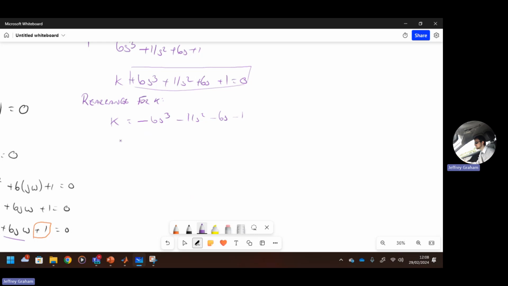Right, differentiating then. How it comes down, multiply, so we end up with minus 18s squared minus 22s minus 6 and minus 1 that disappears.